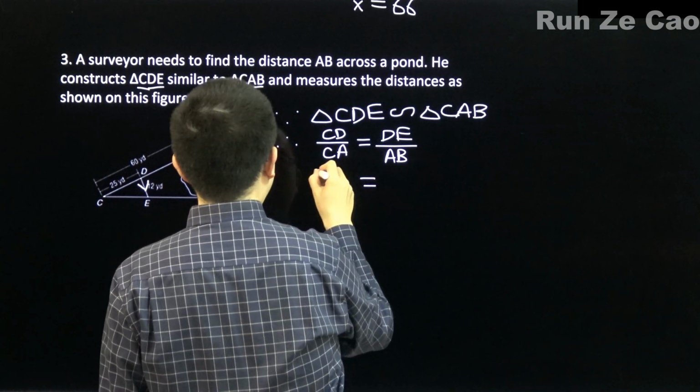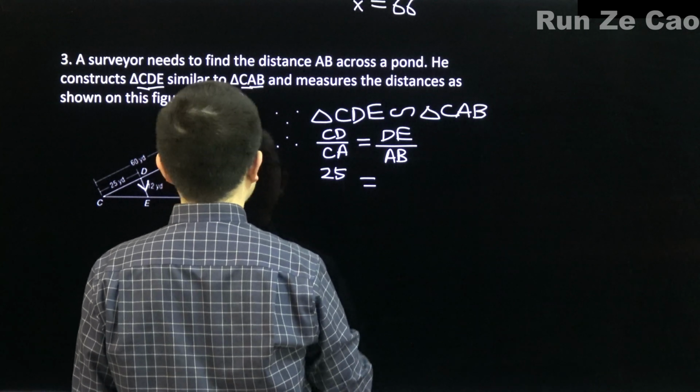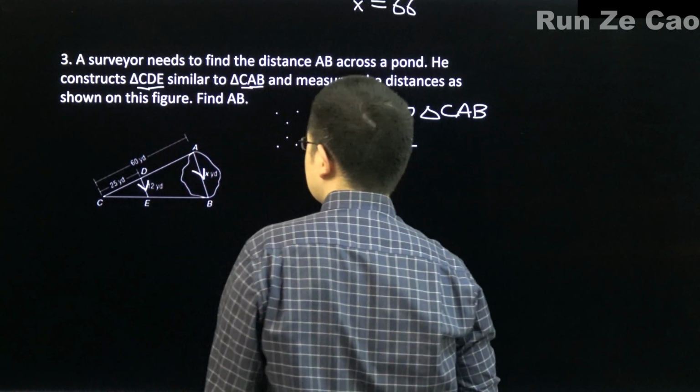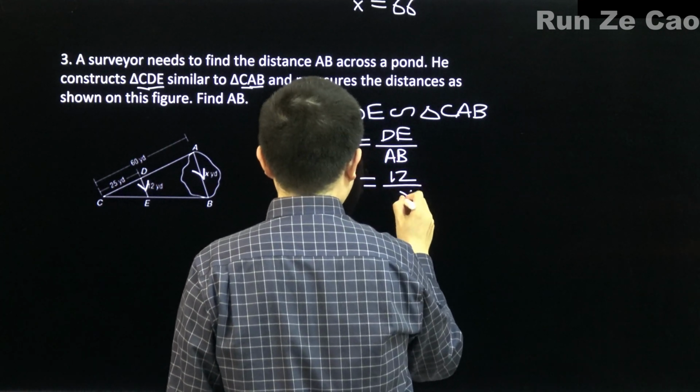CD is 25 yards. You can tell that this question was also made in the US. So 25 over 60 yards is equal to DE, which is 12 yards, over x yards.